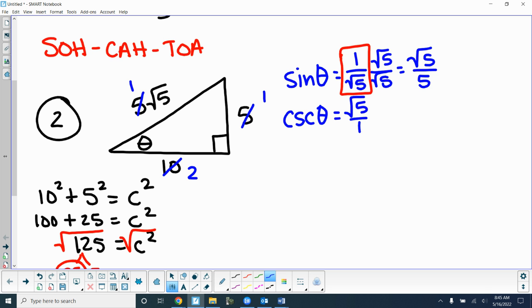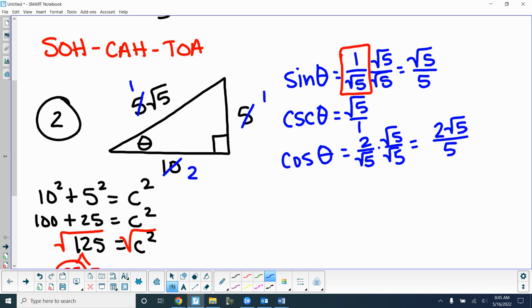Then we'll do cosine. Adjacent 2 over hypotenuse radical 5. And again, I have to rationalize the denominator. So I get 2 radical 5 over 5 for cosine. Secant is its reciprocal.